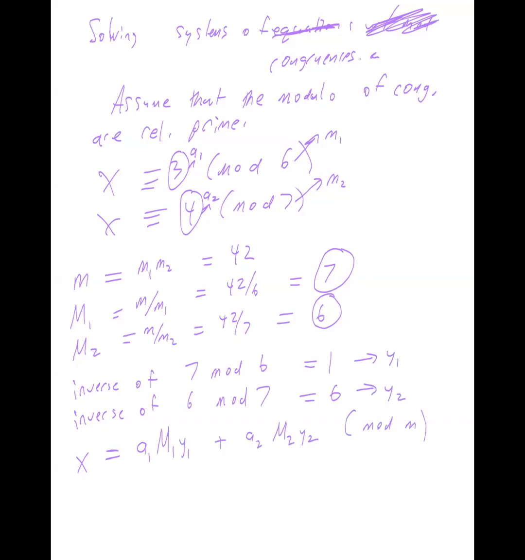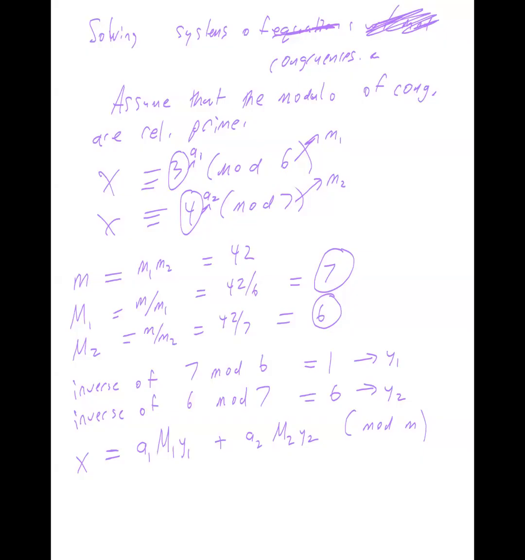And let me explain why this works. So remember, M1 times Y1, that number, is the inverse of M1 mod the first modulus. So this number right here is going to have a remainder of 1 when you divide it by that first congruence.